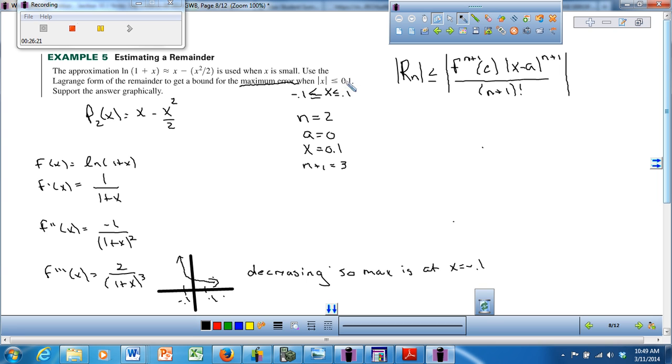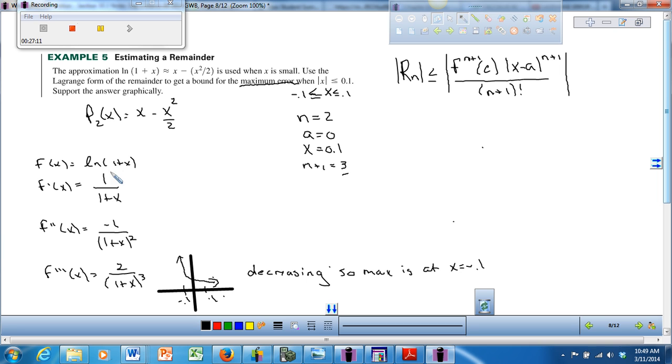Our x that we're interested in is 0.1 because absolute value of x has to be less than or equal to 0.1. So we're just choosing a value in this region. Most of the problems will be more specific about your value of x. This one is a little unclear, but we're going to choose the right end of our interval to work with. And so our n plus 1 is 3. All right, so that means I need the third derivative for my f n plus 1 derivative of c.